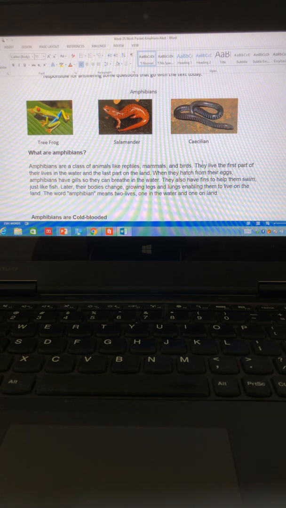Amphibians, tree frog, salamander, Sicilian. What are amphibians? Amphibians are a class of animals like reptiles, mammals, and birds. They live the first part of their lives in the water and the last part on land.